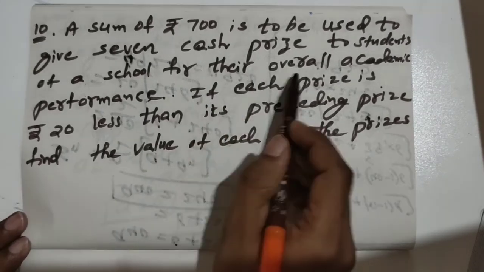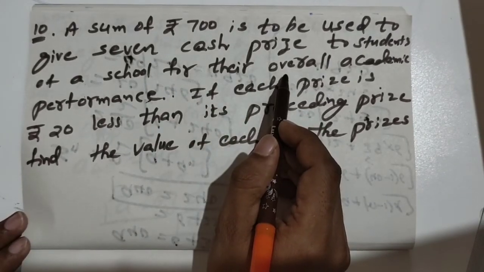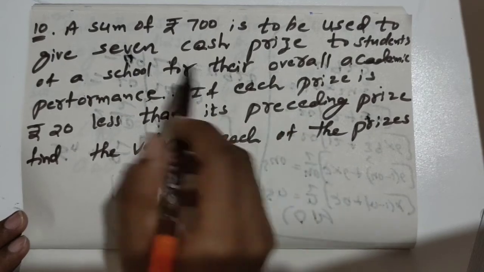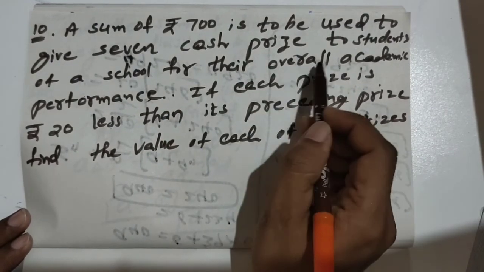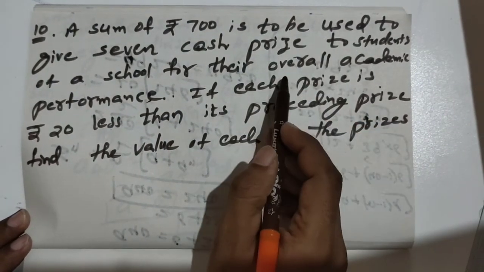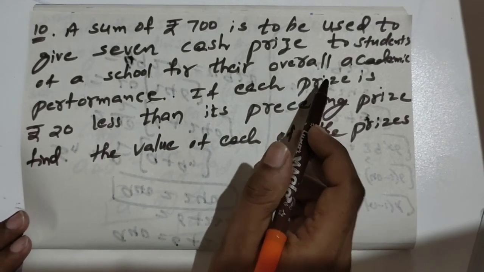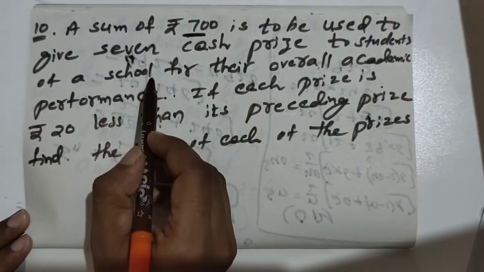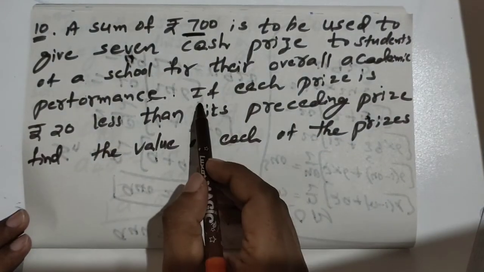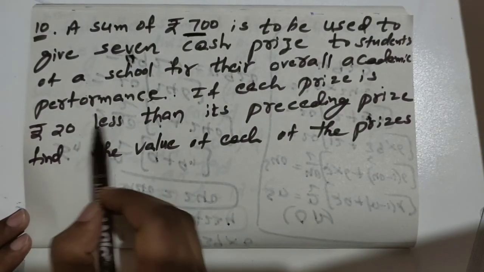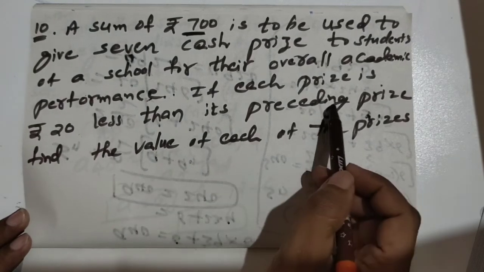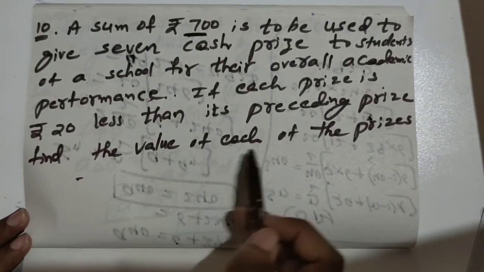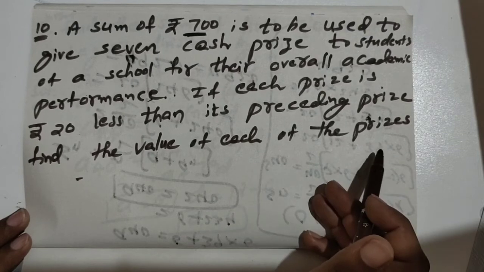Okay, there are some students, each getting prizes for their overall academic performance. So they have to distribute 700 rupees. In which way? If each prize is 20 rupees less than its preceding prize, find the value of the prizes.